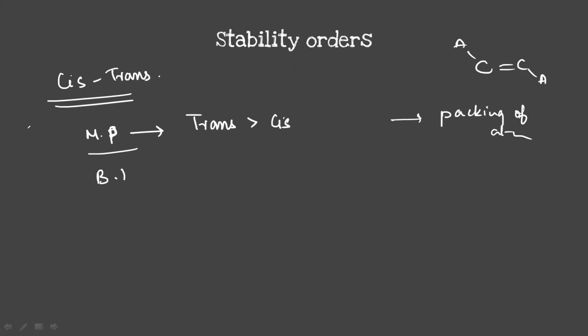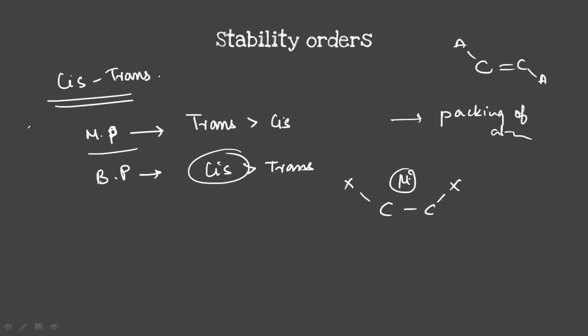Now, when you're discussing boiling point, cis has a higher boiling point than trans. Why? In cis, there is a dipole moment, mu. Because of the dipole moment, dipole attractions are seen. So there will be some attraction between molecules, and because of attractive forces, the boiling point will be more.